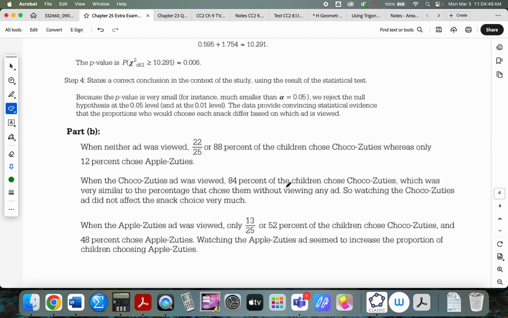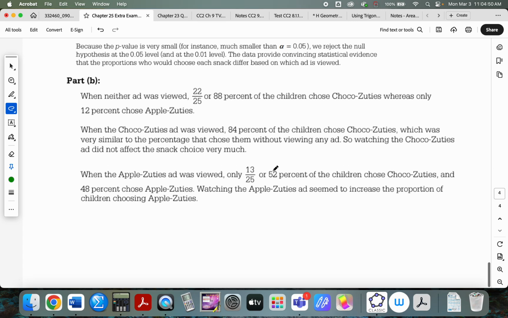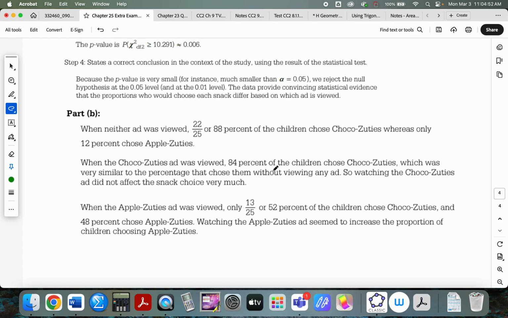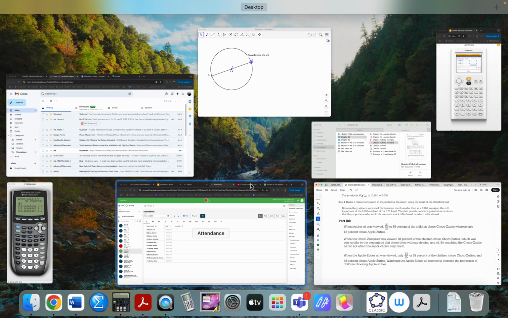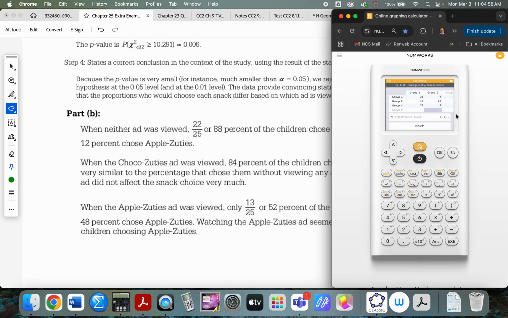So notice they didn't do this in terms of contributions. Can we look at contributions and get anything useful?